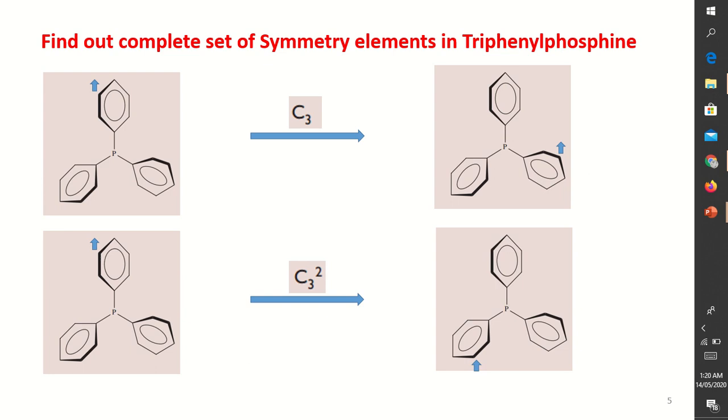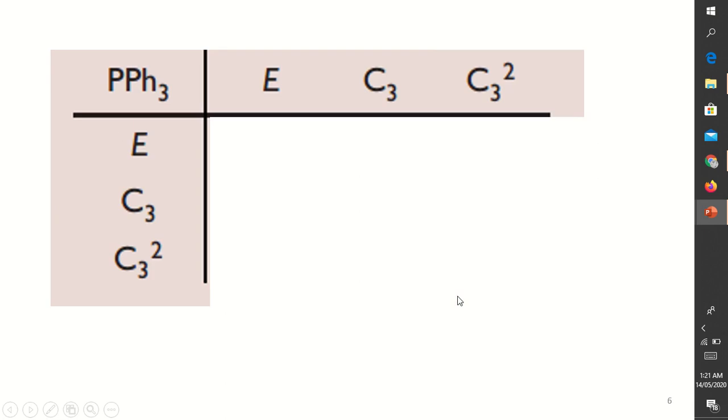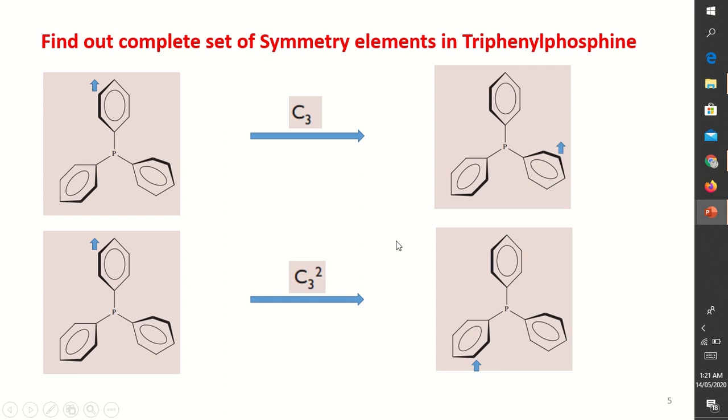So far we have performed C3 three times, but we have to perform C3 four times. Because we are performing C3 twice with C3 twice, after C3 thrice we get identity again. What will happen if we apply another C3 to this identity? The result would be like this, which is equal to C3.